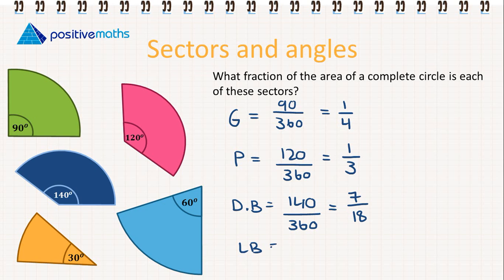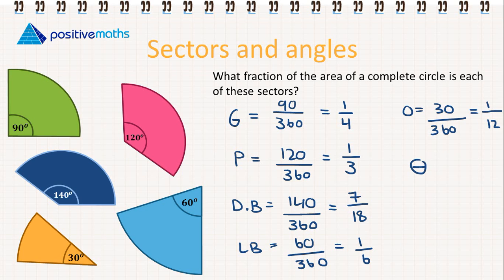The light blue, 60 over 360. This is 1/6 of the full circle. And then the orange, 30 over 360. This is 1/12 of the full circle. So that really explains why we have theta over 360 in our formula.